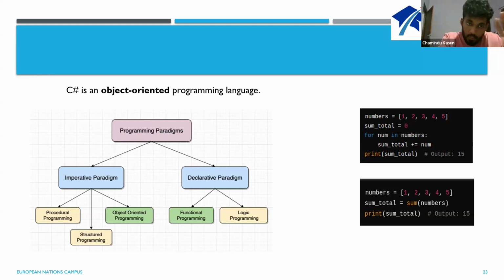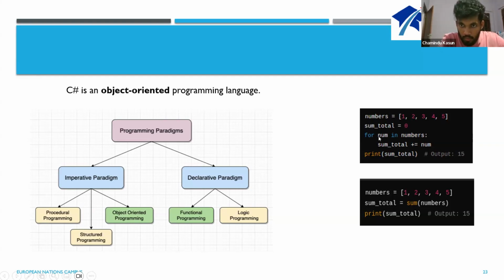In the imperative programming paradigm, we tell the computer how to do something. Let's see in this example, there is an array which contains 1, 2, 3, 4, 5, and we want to get the total.